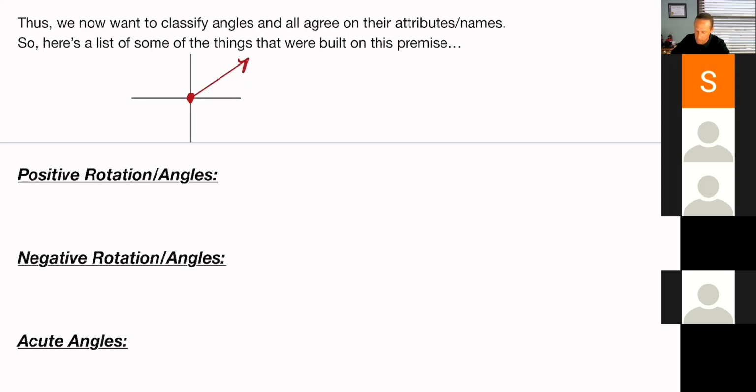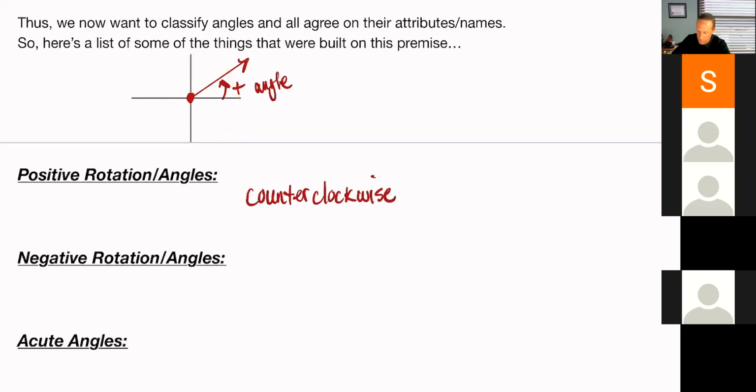So this would be what is called a positive angle of rotation. Okay, so positive rotations or angles are going to be what we call counterclockwise rotations. Again, they go back to a clock because that's something that most everyone knows. Now it's all digital stuff, so not everybody knows, but that's what we mean by counterclockwise. Okay, because what normally does a clock, it starts at the 12 and then rotates this way.